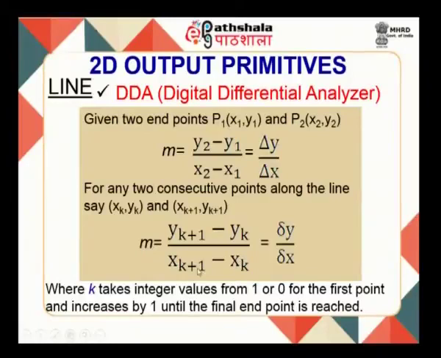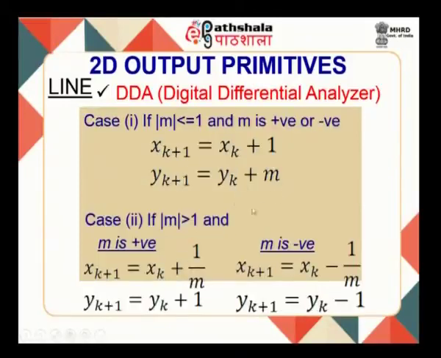So, x k gets nullified and you are left with 1 in the denominator. So, m is equal to y k plus 1 minus y k, which is nothing but y k plus 1 is equal to y k plus m. That is how we get the second equation here.